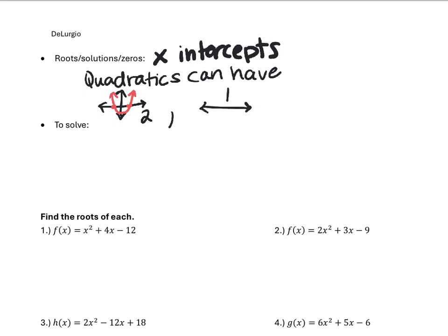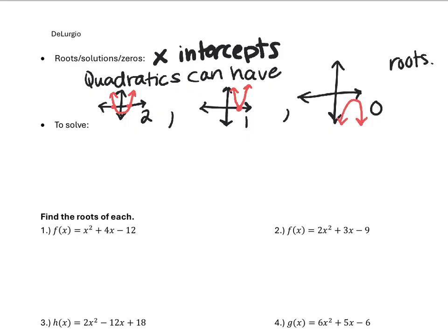They can have one solution, meaning the vertex hits the x-axis at one point, or it is possible they have no solutions where it never hits the axis. 2, 1, or 0 roots or solutions or whatever you want to call them. To solve, the way that we solve a quadratic is we get it in standard form.